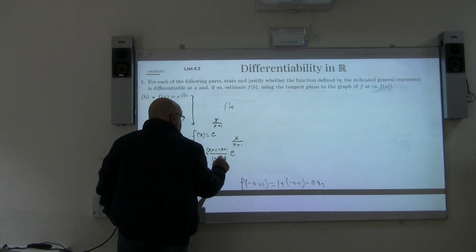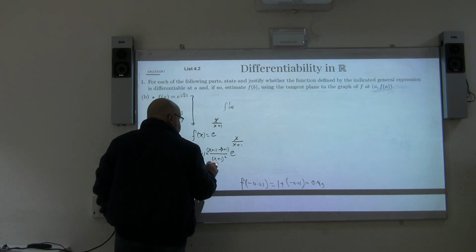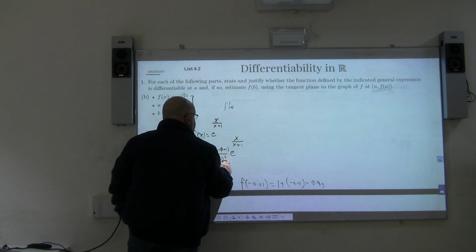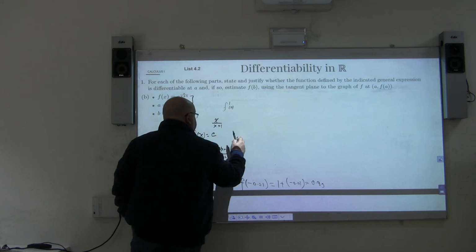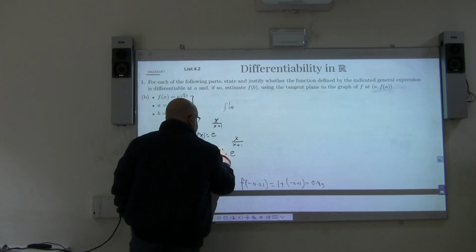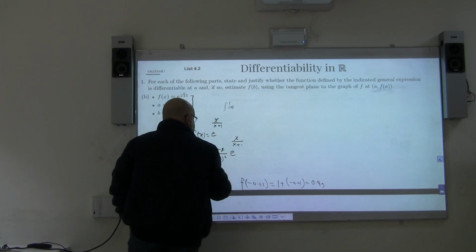Okay? So once more, if I'm trying to find the derivative, it's going to be x plus 1 to the power of 2, then differentiate the numerator, which is 1, times x plus 1, minus differentiating the denominator, which is equal to 1, times x, as you can see.